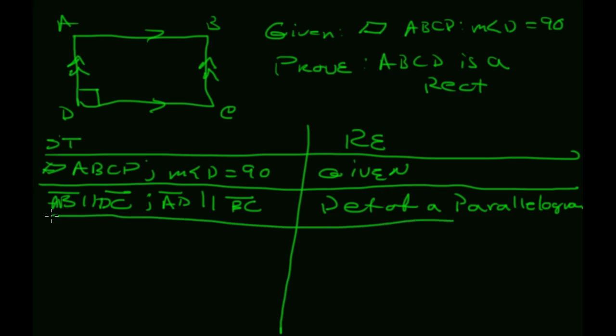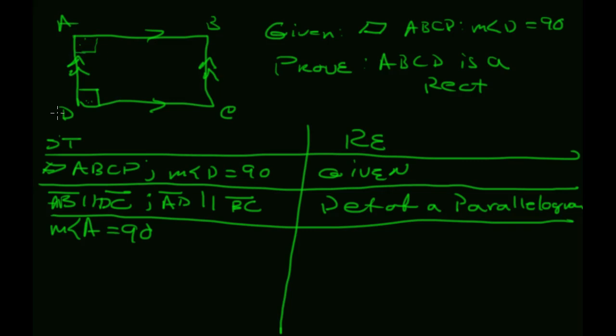Okay, so that's not surprising, but if they're parallel, then A and D are same side interior angles, right? Which means that this and this have to add up to 180, so if this is 90, that one also has to be 90. So the measure of angle A has to be 90.